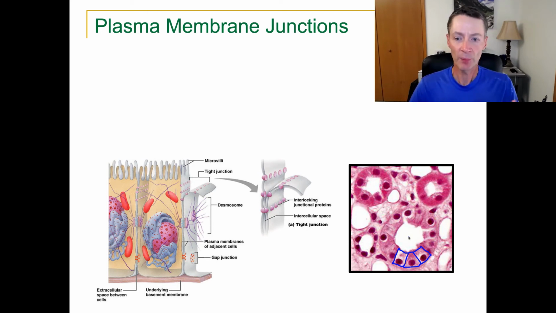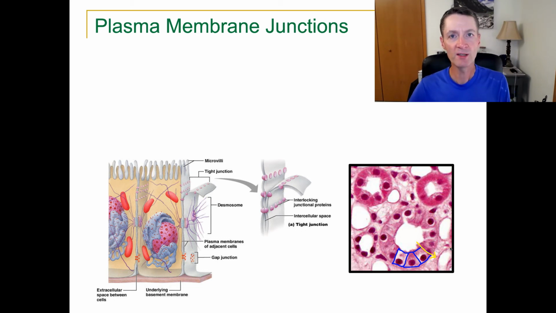So if this is a place where we are forming urine, I don't want these various items to escape. I don't want these various items to leak out of the middle here and back into my body. I want to have a seal between these cells, okay?